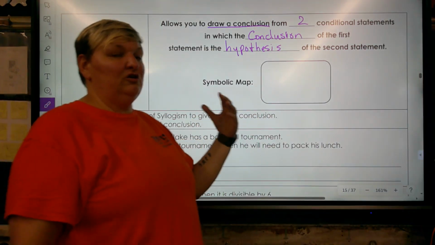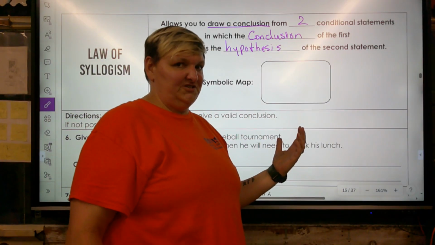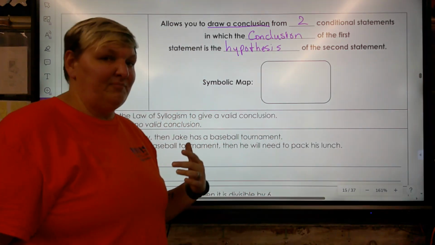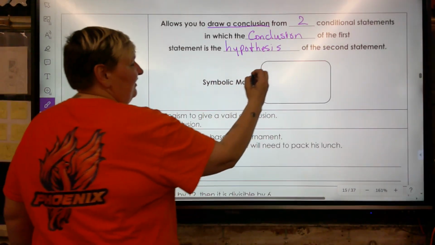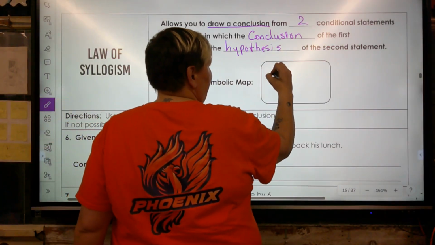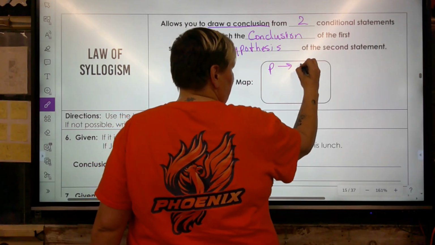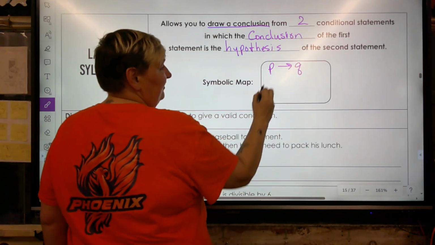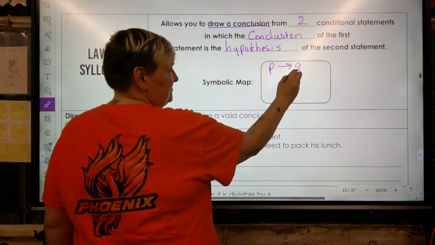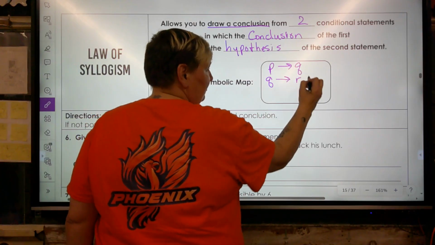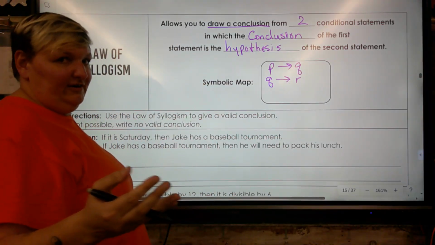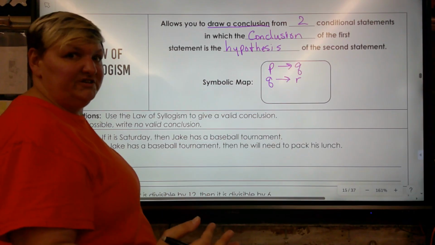So whatever conclusion you draw from the first conditional statement becomes your hypothesis for your second statement, right? So it starts with: if P, then Q. The conclusion becomes your hypothesis: if Q, then R, because you need another letter. It's leading to a whole new conclusion.